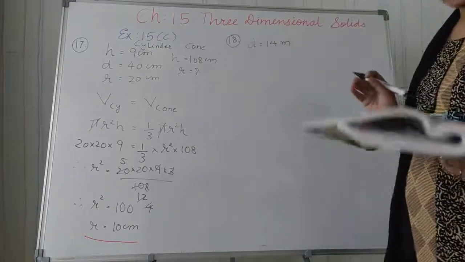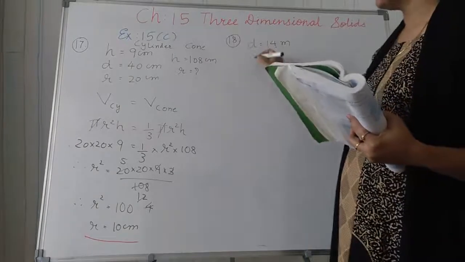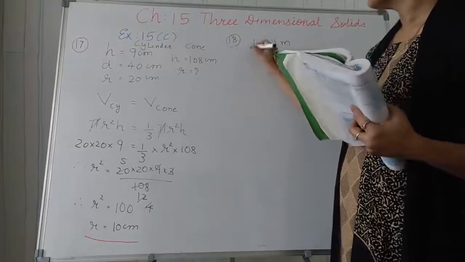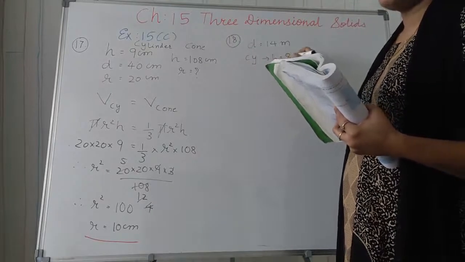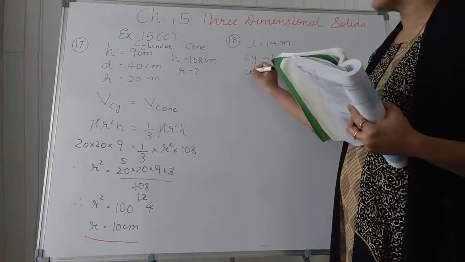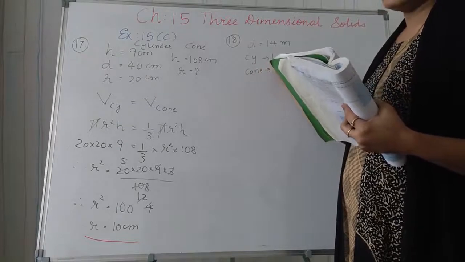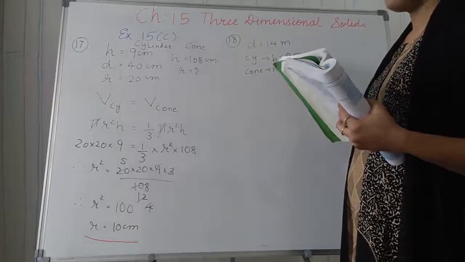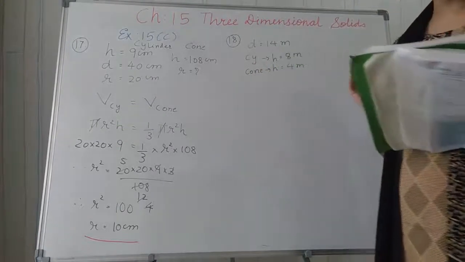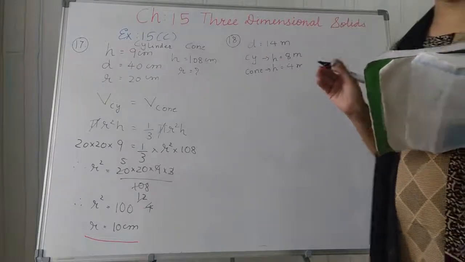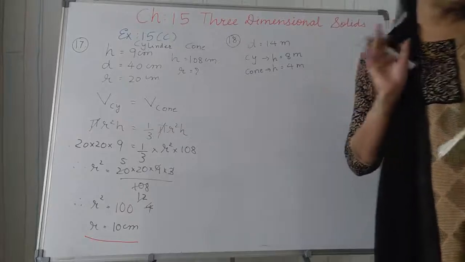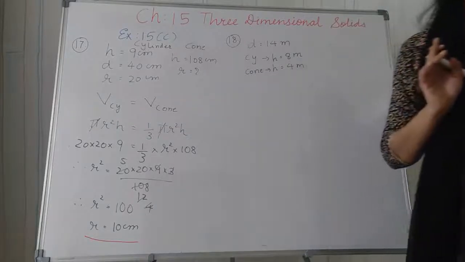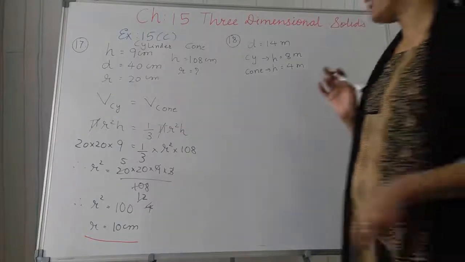The height of the cylindrical part is 8 meter and height of the cone is 4 meter. So find the area of the canvas used to make the tent. Give your answer in meters square, correct to 1 decimal place. Also pi value is 22/7.